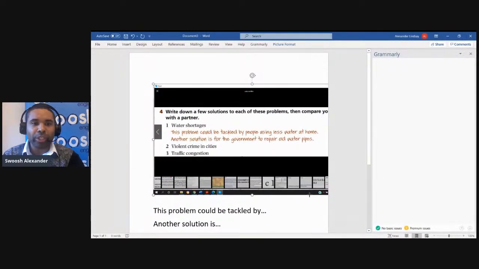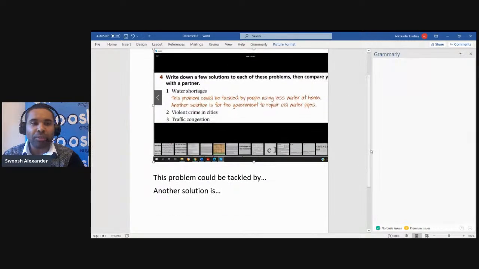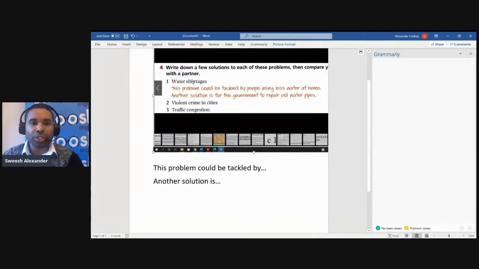We can see that we should be writing down solutions to each of these problems. So we've got a couple of examples talking about water shortages. We can see that one of the solutions was this problem could be tackled by people using less water at home. And another solution is for the government to repair old water pipes.